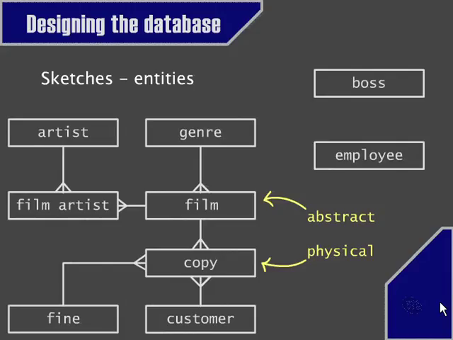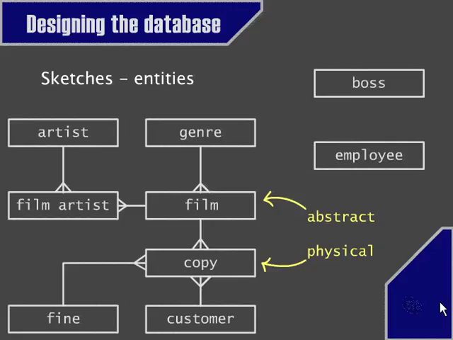The film entity is essentially all the information about the film itself, and all the relationships with genres and the artist that made that film would all be kept connected to the film entity. By creating a copy entity, we have one row on the table for one literal physical object. This is much better for tracking where a video has gone and so on.